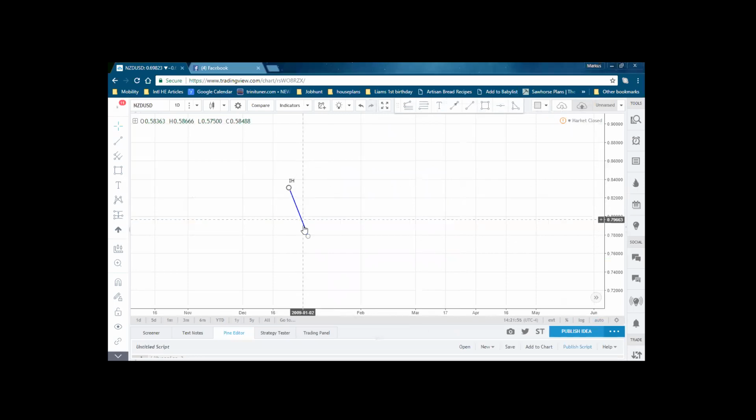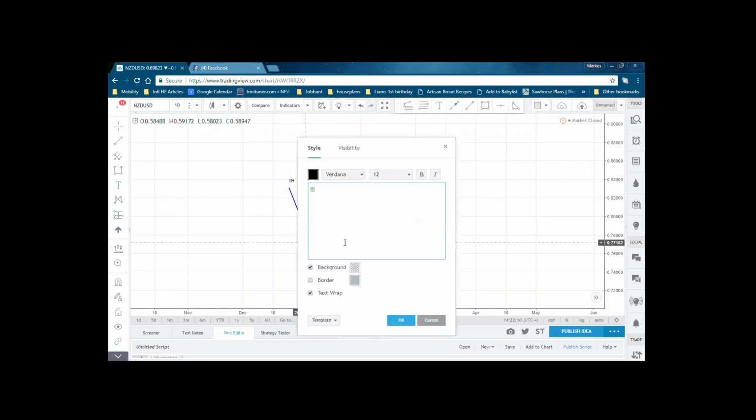We have an impulse to the downside. So here the bears are in control. And from this point, we're having a retracement. So we have formed a fresh lower low.